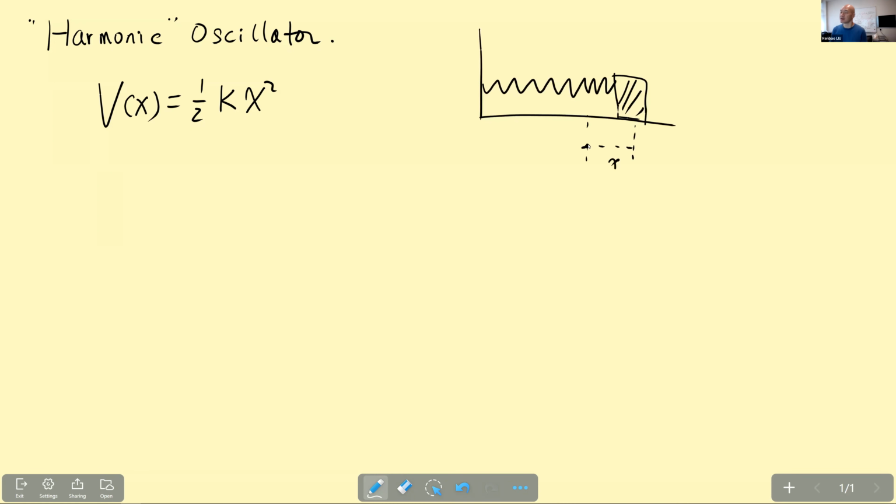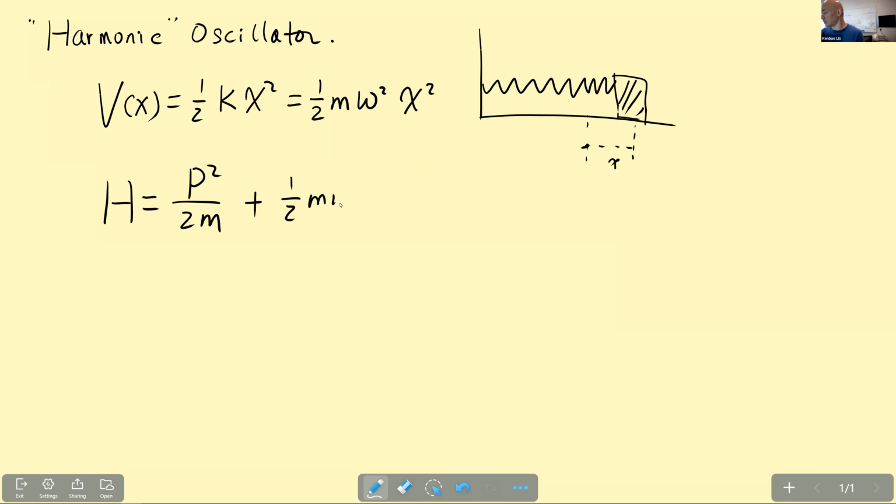This can also be written as 1/2 m omega squared times x squared, where omega is the angular frequency of the classical oscillator. So the Hamiltonian is the momentum squared over 2m plus 1/2 m omega squared x squared, right?